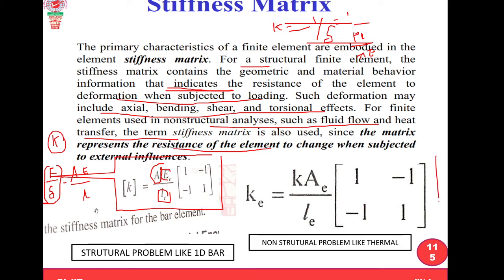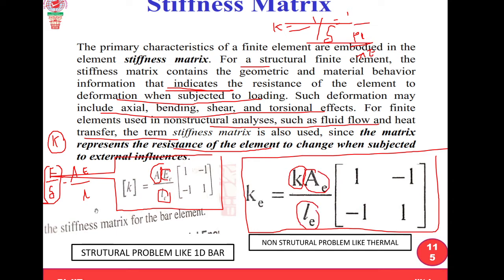For example, the stiffness matrix for a thermal load problem is Ke equal to KA by Le into [1 -1; -1 1], where K is the thermal conductivity, a material property, A is the area of the element, and L is the length of the element, both geometric properties.